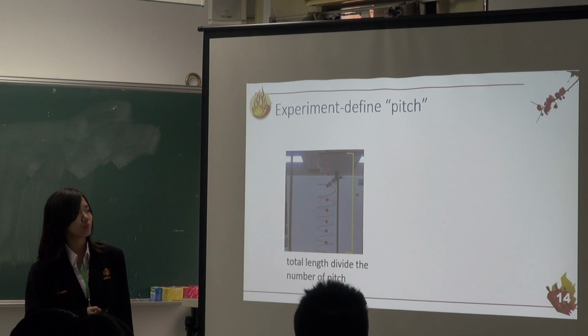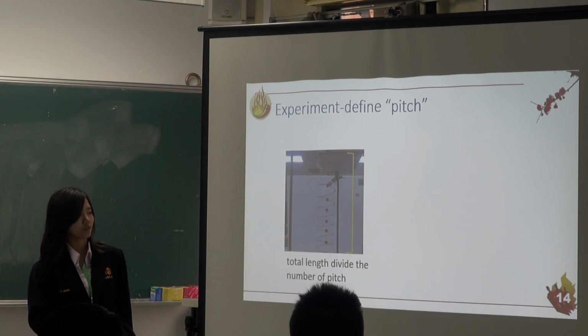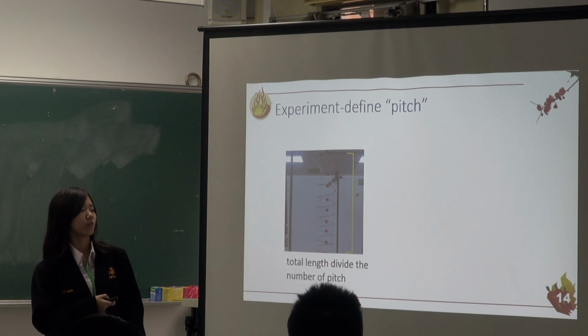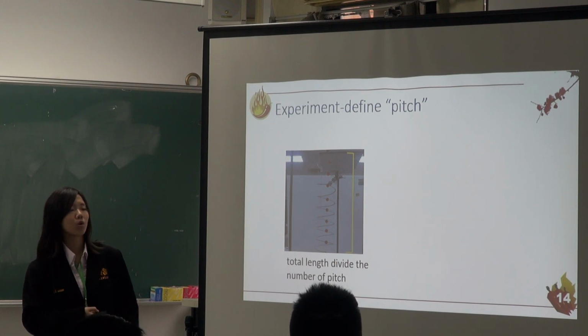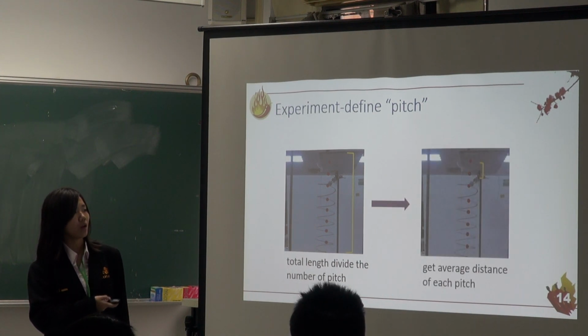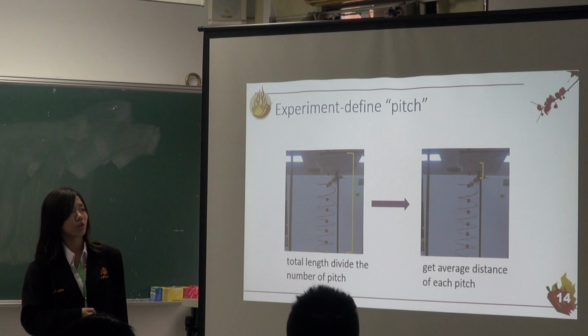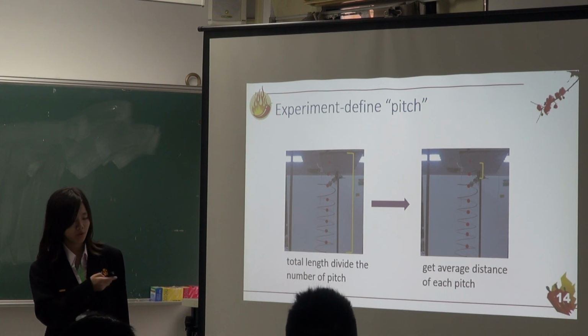And first I want to define the pitch, and I will measure the total length of the string, and because the pitch is the same, I change the length, and I will divide by the number of pitches, and I will get the average distance of each pitch.